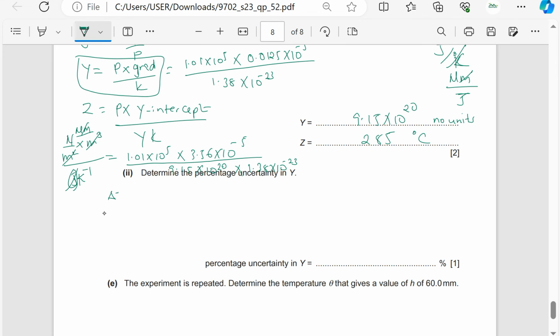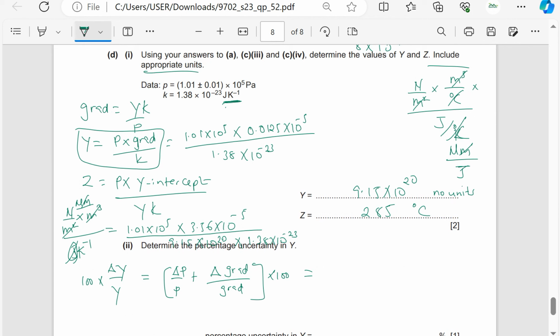So the fraction uncertainty in Y is given by that. When I multiply it by 100, it becomes percentage uncertainty. Should be equal to the fraction in P plus the fraction in the gradient. Then I will multiply this by 100 to make it percentage. So this will be for P. P is 0.01 divided by 1.01. I don't need the power of 10 because it will cancel out.